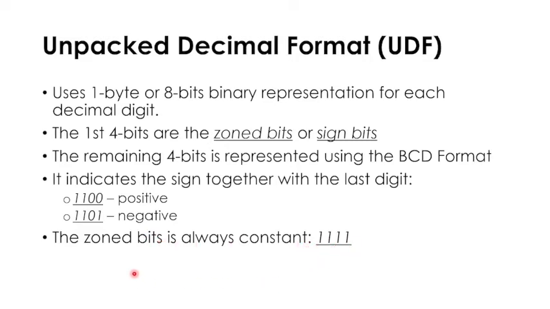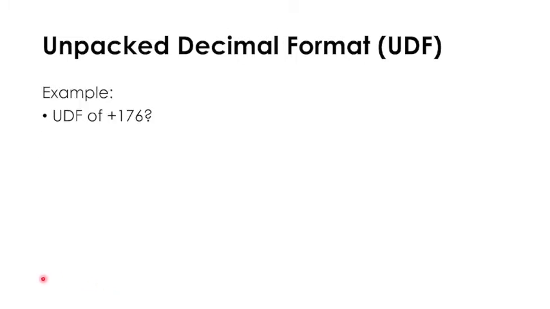So let's try some examples to apply the UDF. Let's find the UDF of positive 176. So we have 1, 7, and as we said, the sign bit is placed together with the last digit, so it will be positive 6.